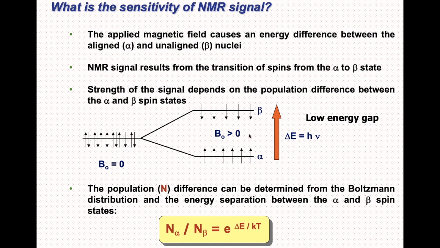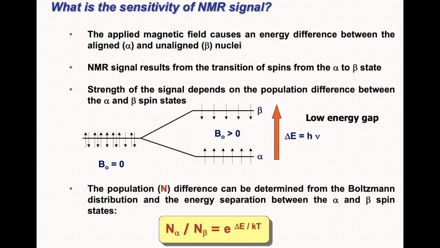However, in this particular case, I already gave one number. In the case of proton nuclei kept in 1.4 Tesla, the alpha spin state is slightly in excess compared to the beta spin state. How much is it? It is just about 6 nuclei in excess in the alpha spin state compared to the beta spin state among 20 lakh population.